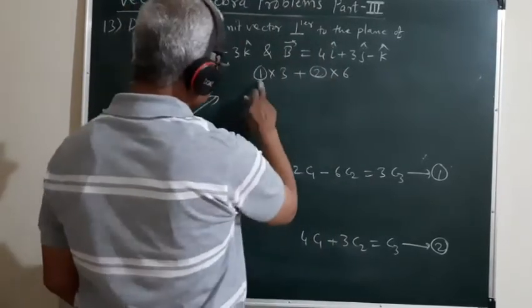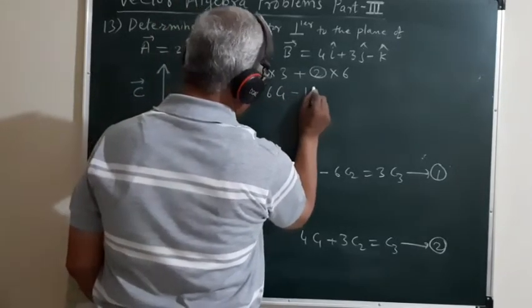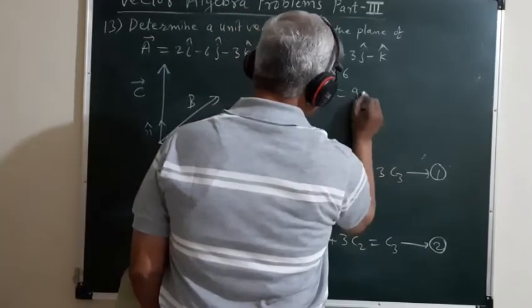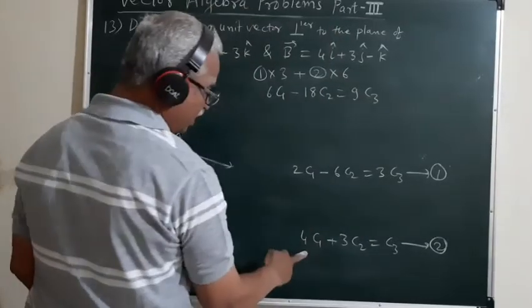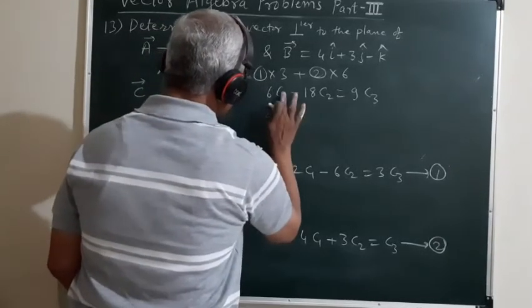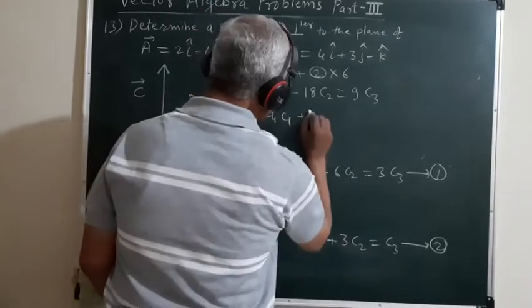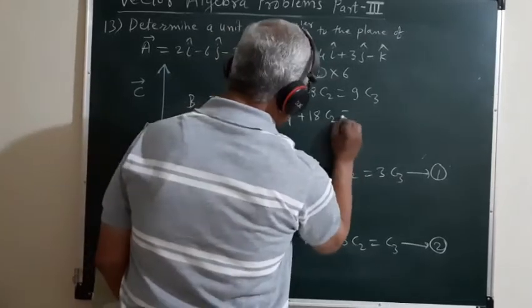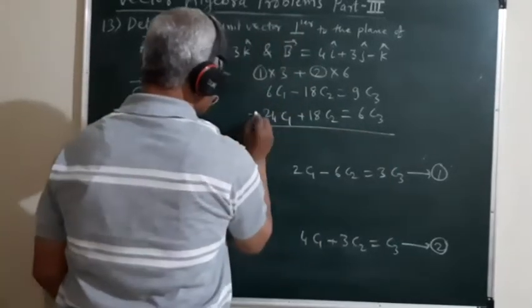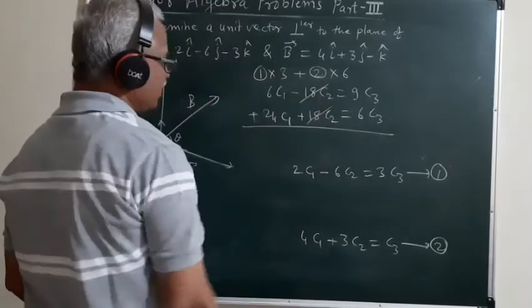Equation 1 multiplied by 3 gives 6C1 minus 18C2 is equal to 9C3, and multiplying equation 2 by 6 we get 24C1 plus 18C2 is equal to 6C3. Taking the addition of these two expressions, the plus 18C2 and minus 18C2 will cancel.